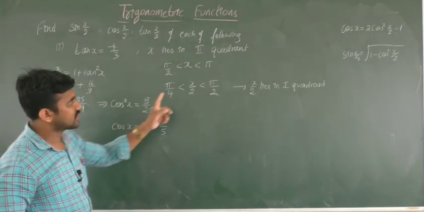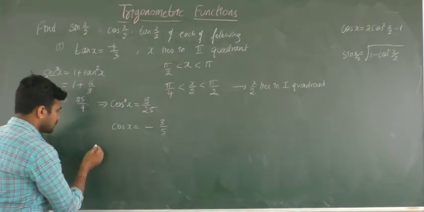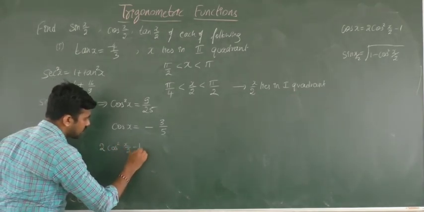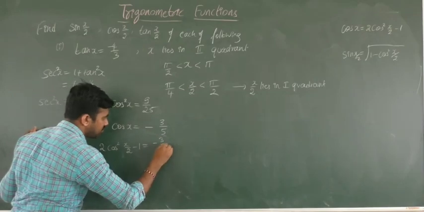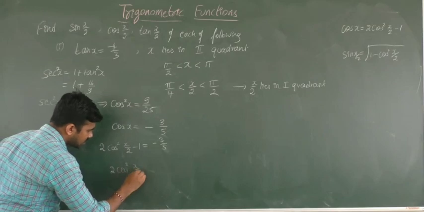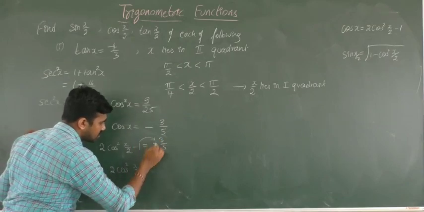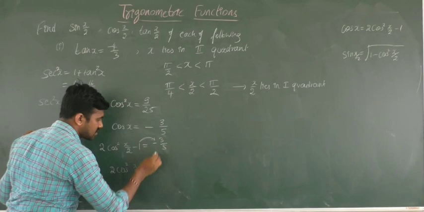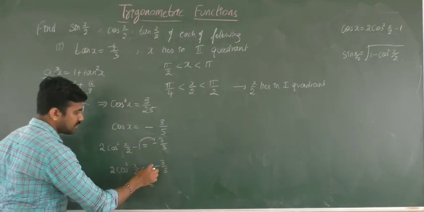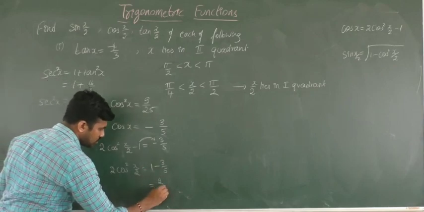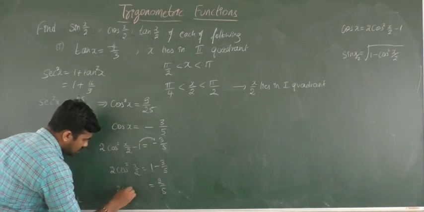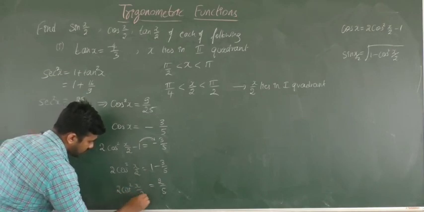Now cos x, we can substitute the value. Cos x is nothing but 2 cos square x by 2 minus 1. This is equal to minus 3 by 5. So 2 cos square x by 2 is equal to, minus 1 goes to this side, we'll get plus 1. 1 minus 3 by 5. Take the LCM. 5 minus 3, 2, 2 by 5. 2 cos square x by 2 is equal to 2 by 5.